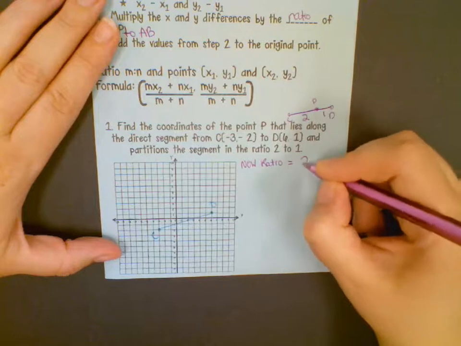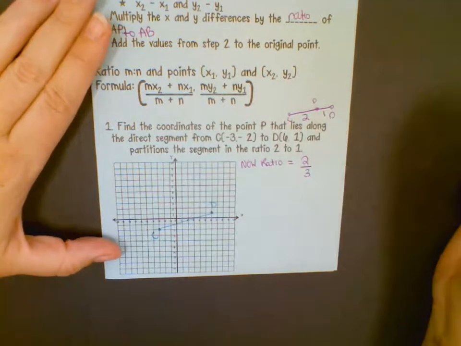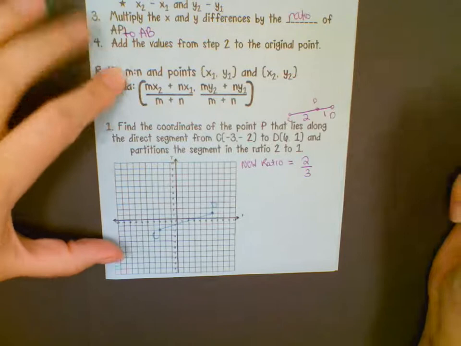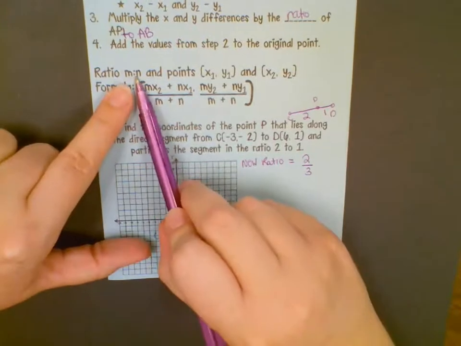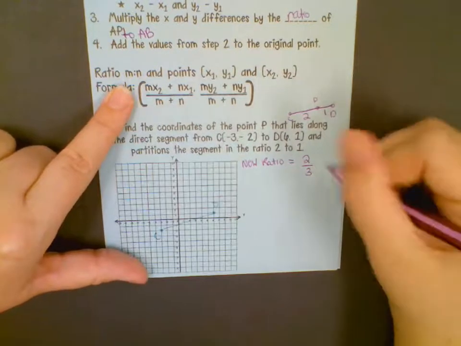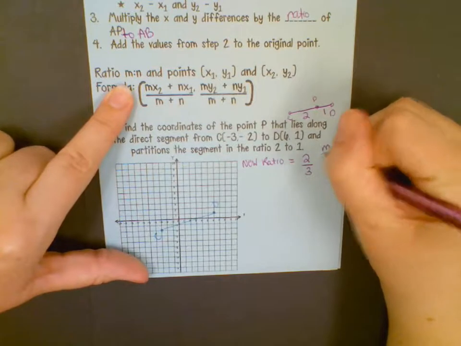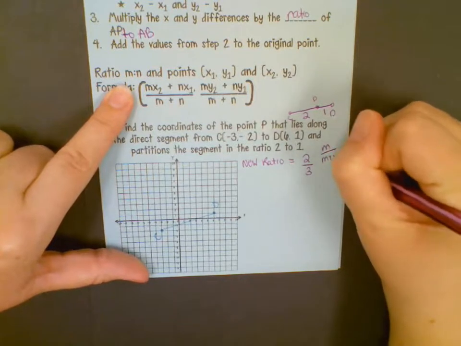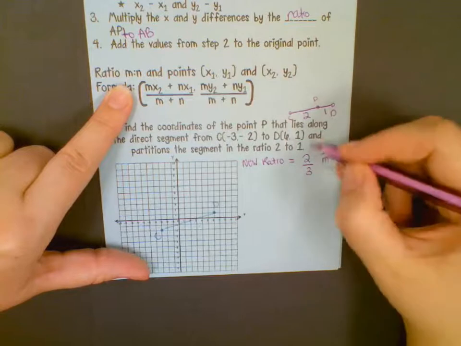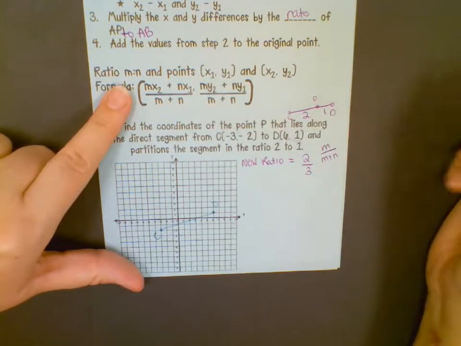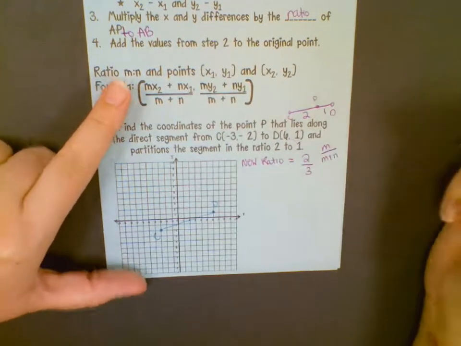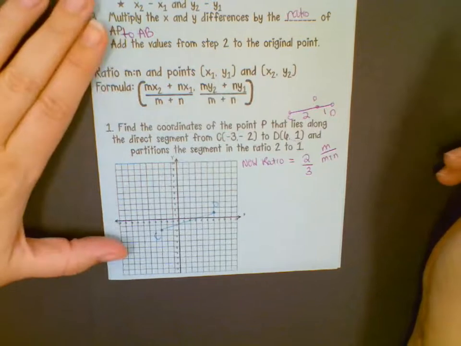So our new ratio would be 2 to 3. Okay, so here they say like the ratio is m over n. So one way to remember to find that would be m over m plus n. So whatever the two numbers are, you add them together in the denominator, and then your first number is always your numerator. So that might be a shortcut for you.